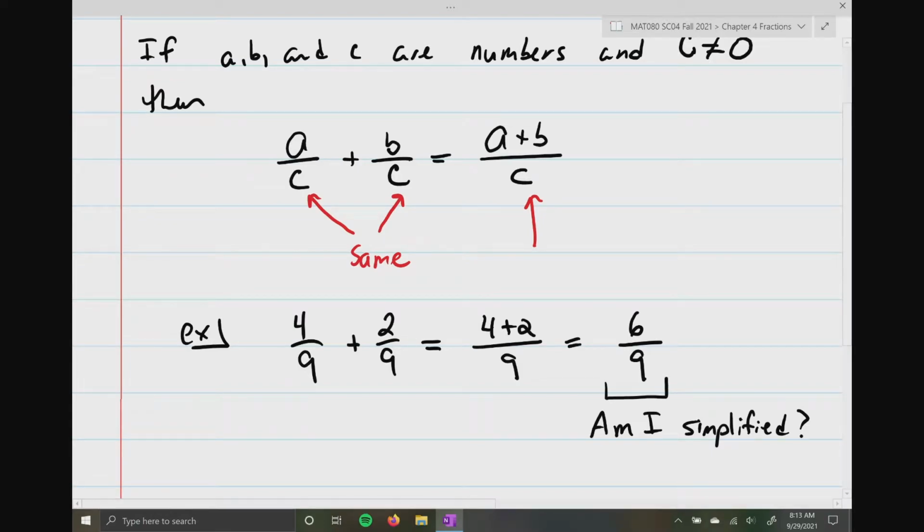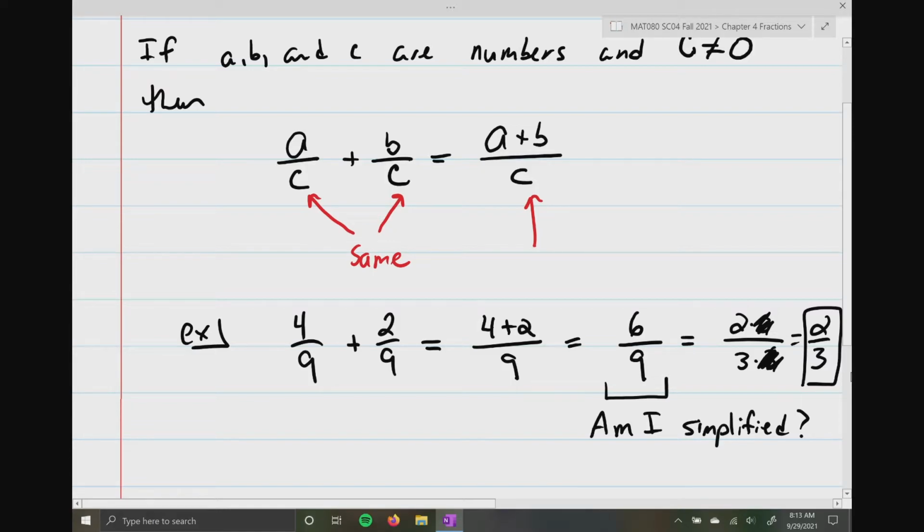And the easiest way to determine if you're simplified or not is to break it down into its prime factorization. And then if you see something that's the same in the numerator and denominator, all you have to do is scratch them out. Whatever's left over is going to be your final answer. Does that make sense, everyone? Okay?